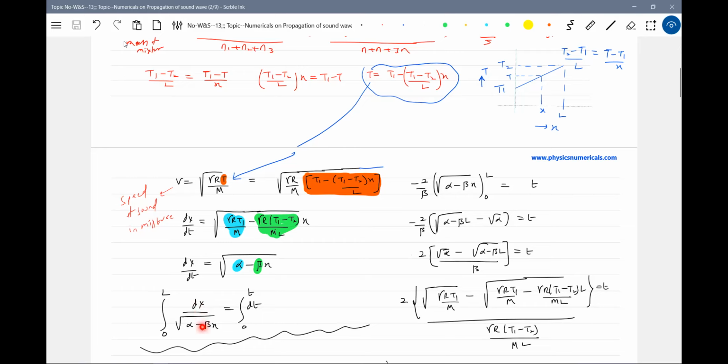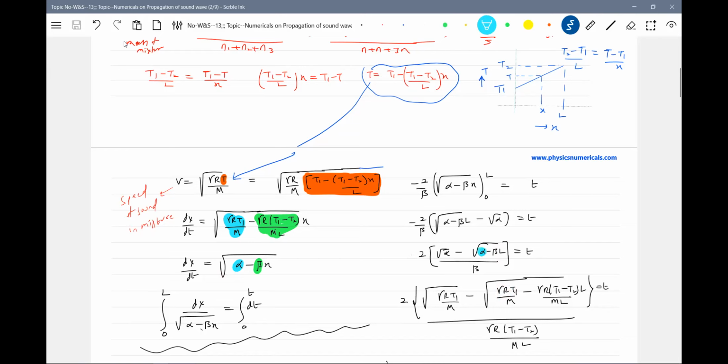The integral of dx by the square root of alpha minus beta x will be minus 2 by beta times the root of alpha minus beta x. Substituting the upper and lower limits, finally I'll get the expression for time. Then you substitute alpha and beta, like what we did here.